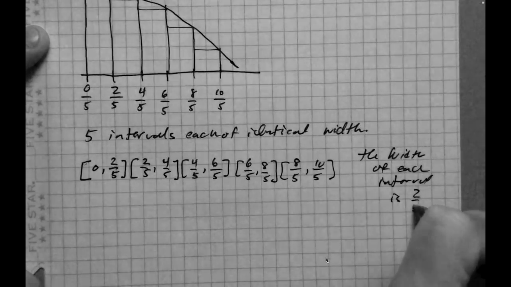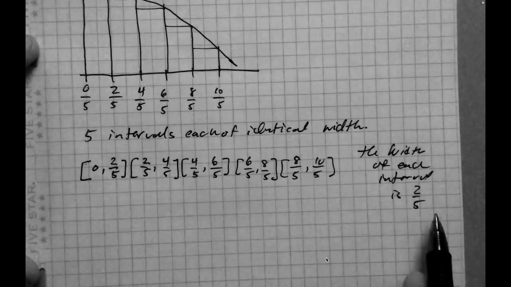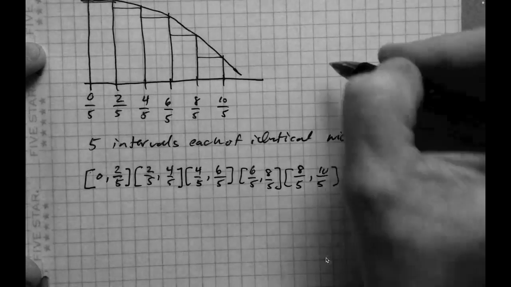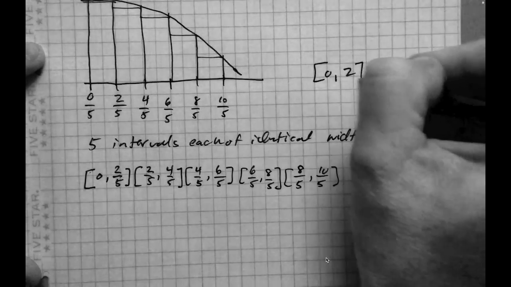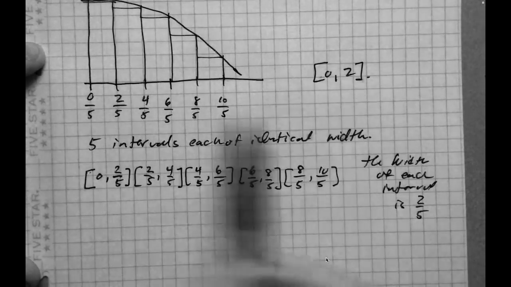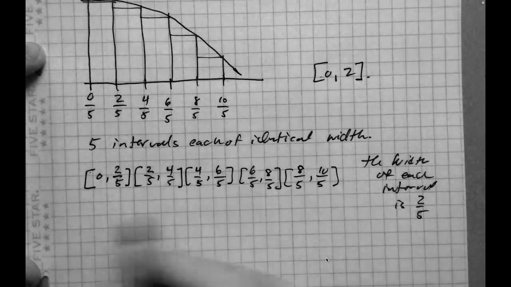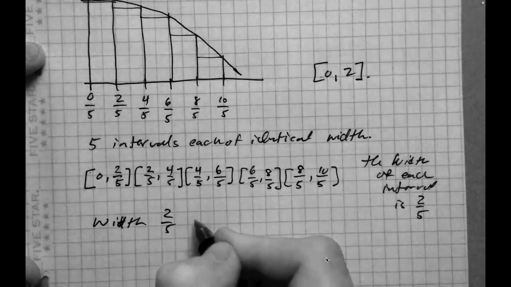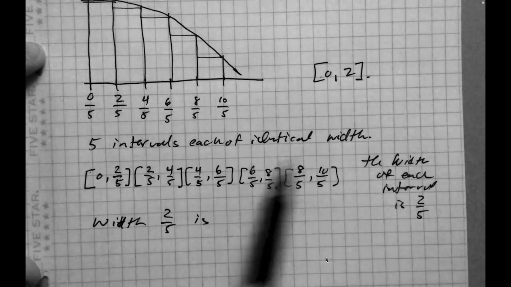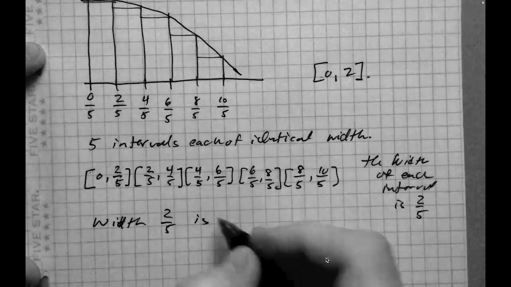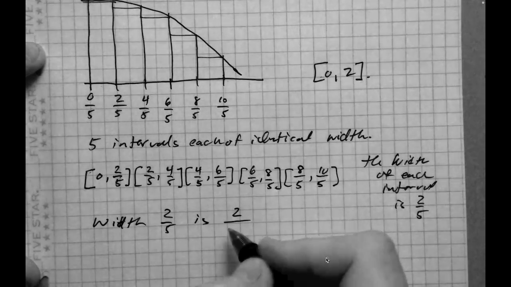Now obviously the width of each interval is 2/5. Where did the 2/5 come from? The entire stretch is 0 up to 2. So the width of the whole interval is 0 up to 2, and we have 5 intervals, so the width is basically the width of the entire interval, 2, divided by the number of intervals.